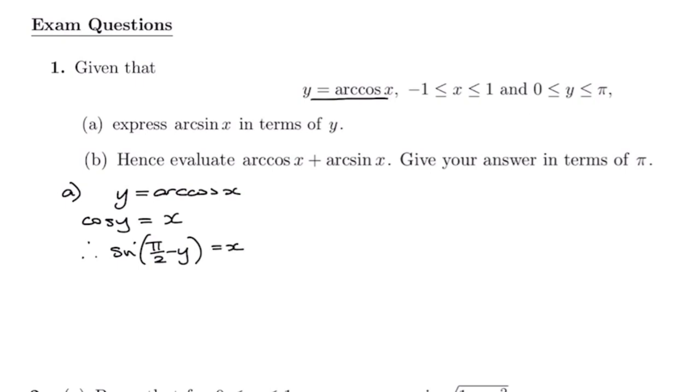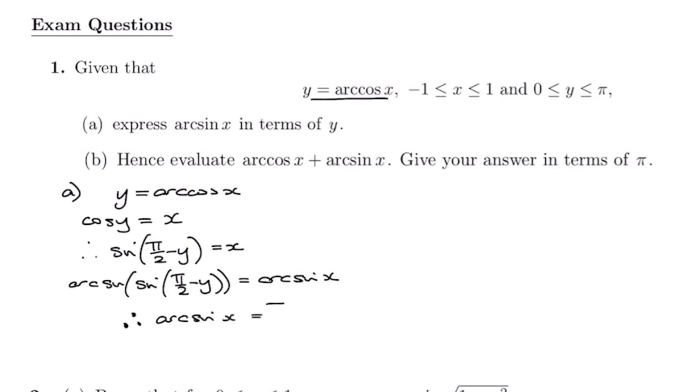That equals x. If I then arc sine both sides, and I'll actually physically write that down, arc sine of sine of pi over 2 minus y equals arc sine of x. Then the arc sine and sine cancel each other out, and you get, therefore, arc sine of x equals pi over 2 minus y.